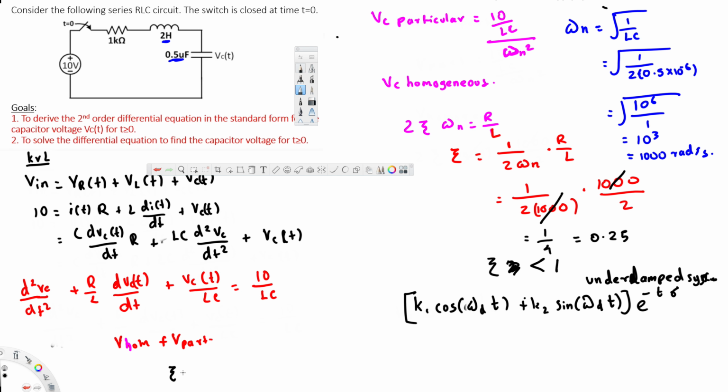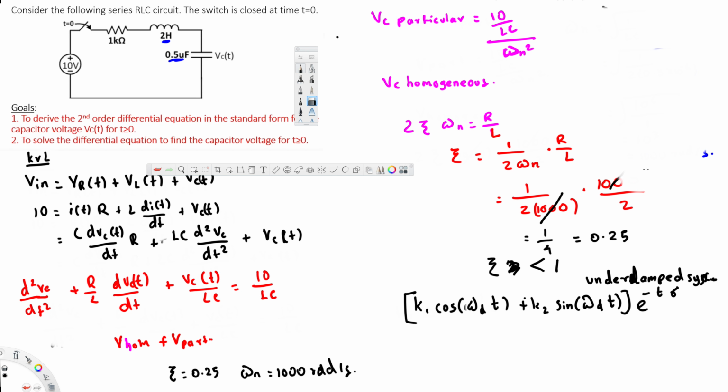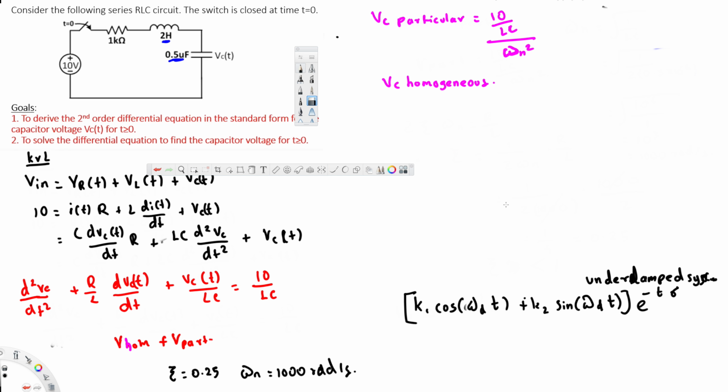We know that zeta is equal to 0.25 and omega n is 1000 radians per second. And now I am going to get rid of this part, and let's continue here.